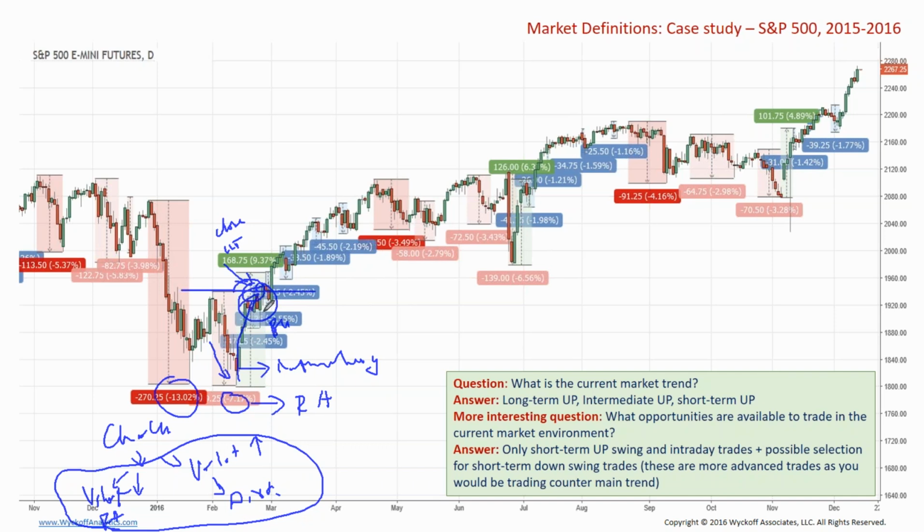If or when the backup action is confirmed, we are going to keep this position for further gains, and therefore our time frame is going to switch from intraday point of entry to short-term swing trade to long-term swing trade. And this is what I call a universal trader.